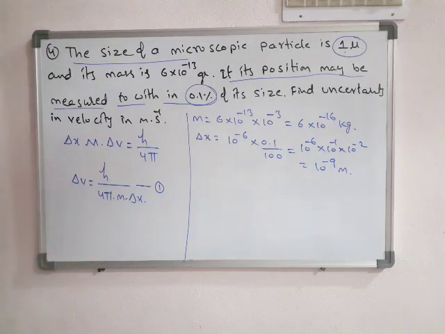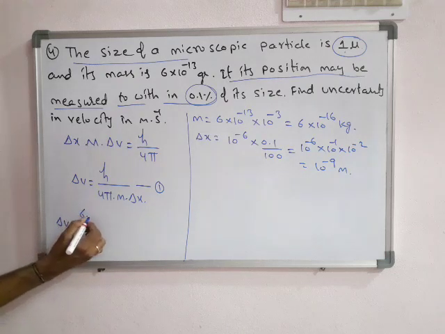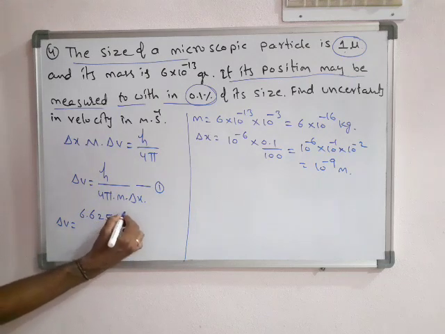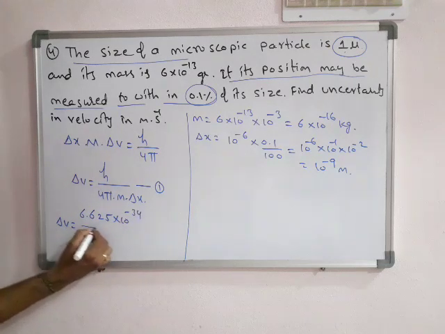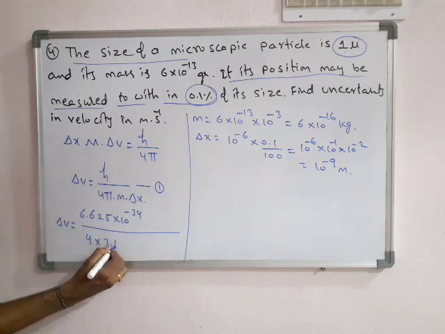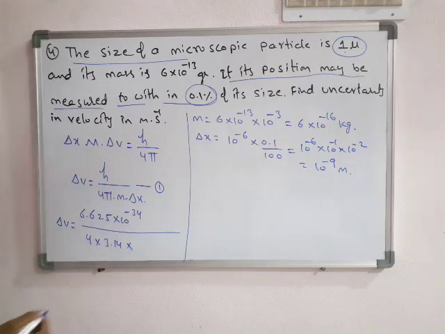Okay, now we substitute those values in equation 1. Delta v is equal to, in the total SI method, 6.625 into 10 power minus 34 by, so what is the mass?